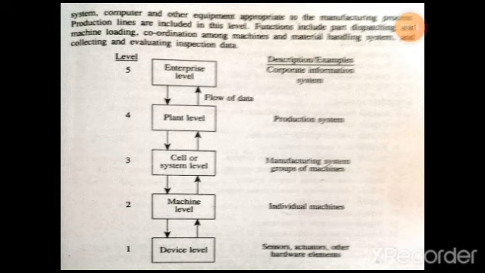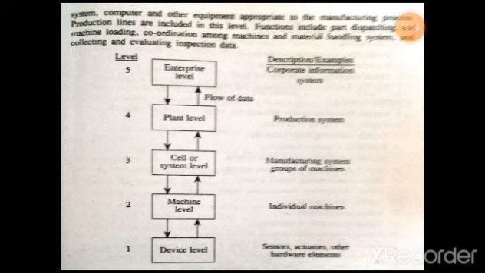Production lines are included in this level. All production lines means flowing from one station to another. Everything is done automatically. Functions include part dispatching and machine loading, coordination among machines, material handling system, and collecting and evaluating inspection data. Cell or system level includes all these things.